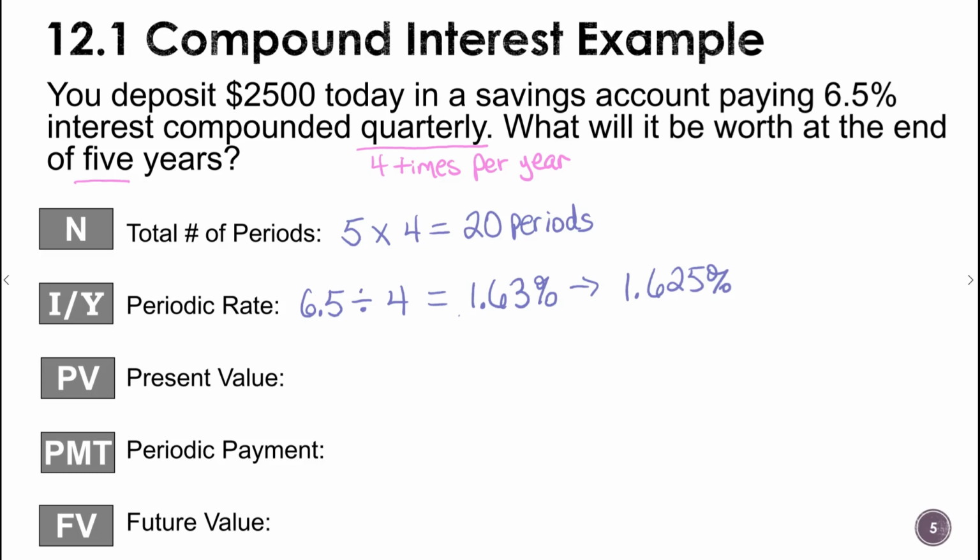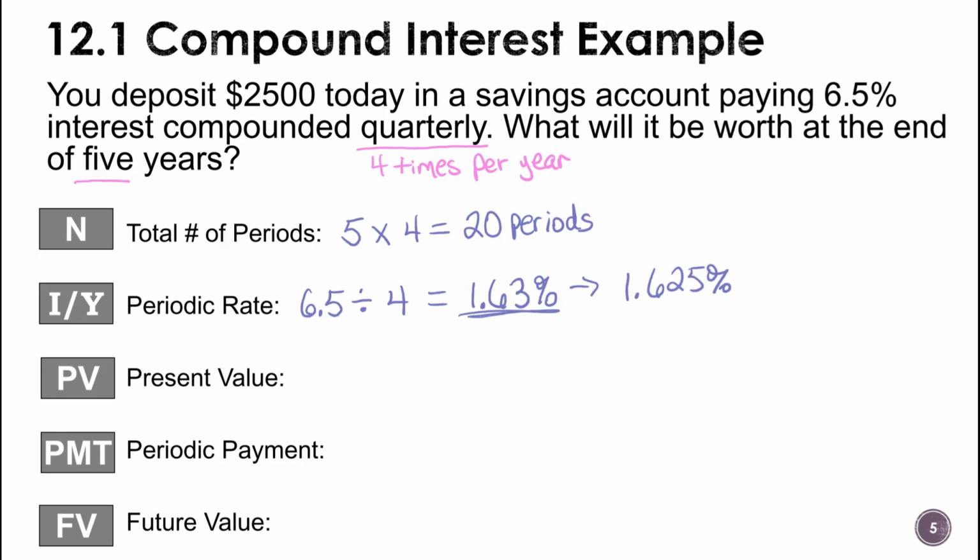We are going to see this number on our screen, the 1.63, and that's what we will enter into our TVM key. It actually has the real number, but we don't see it, if that makes sense. That part can be a little confusing, so if you're off by a little bit, it often has to do with this periodic rate.